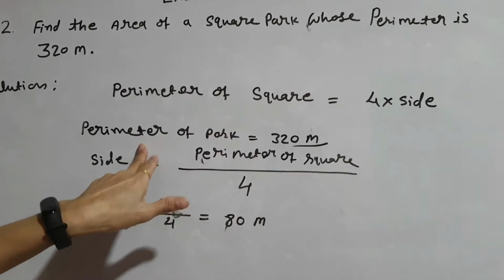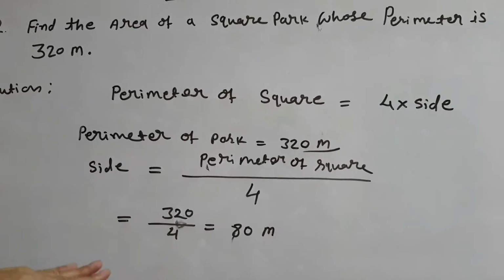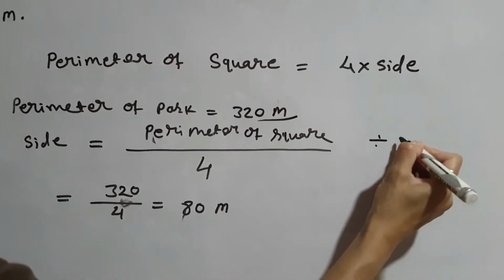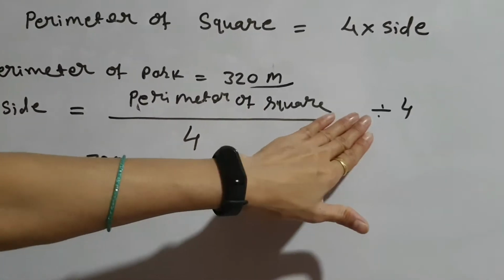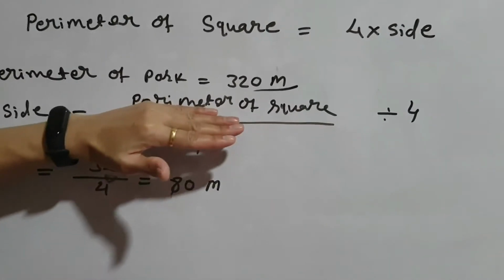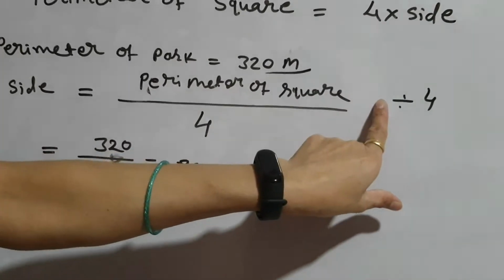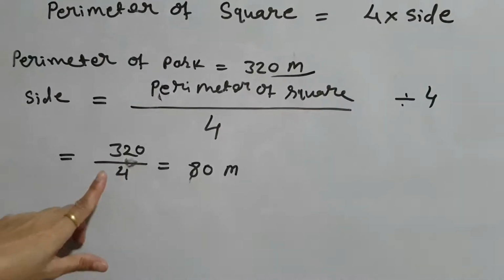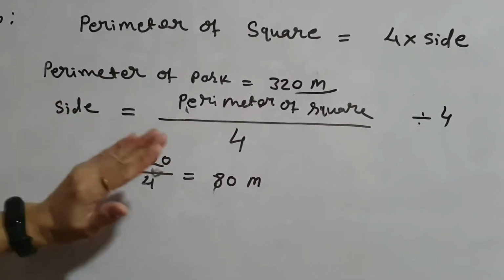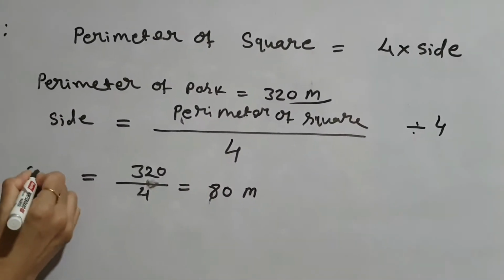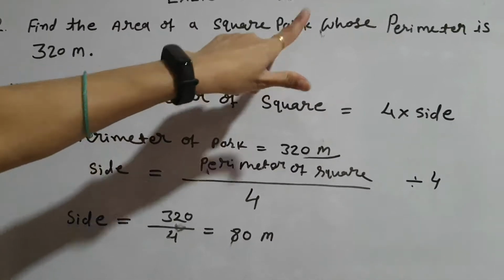So we put the value, 320 meter divided by 4. If you want to write it in fraction format in the formula, you can do it like this, or otherwise you can do it like this. 4 8s are 32, and it will be side equal 80 meter. Now we have the side of this square park.